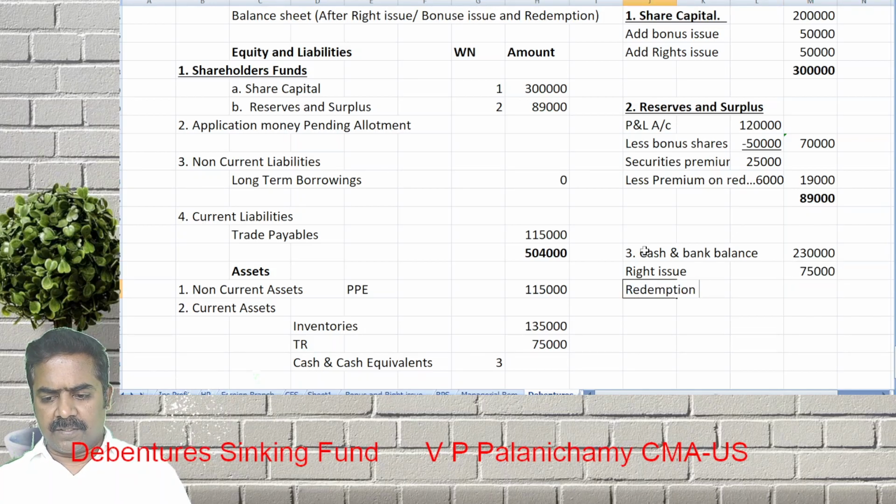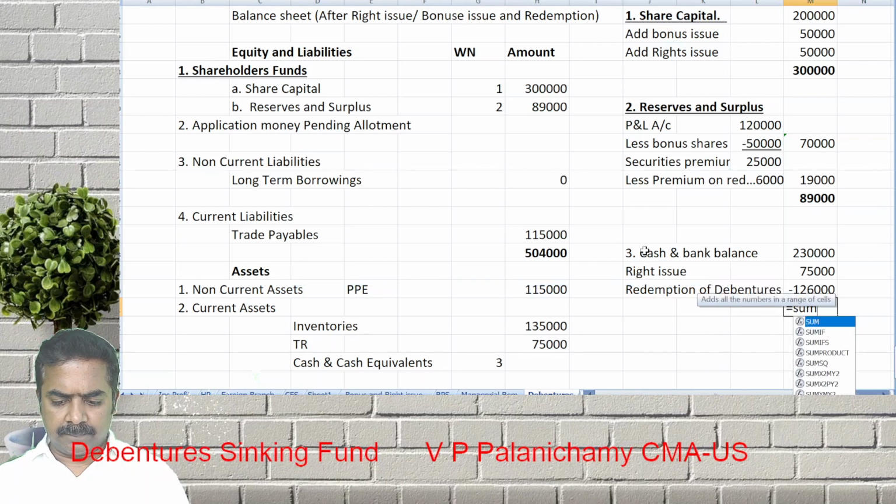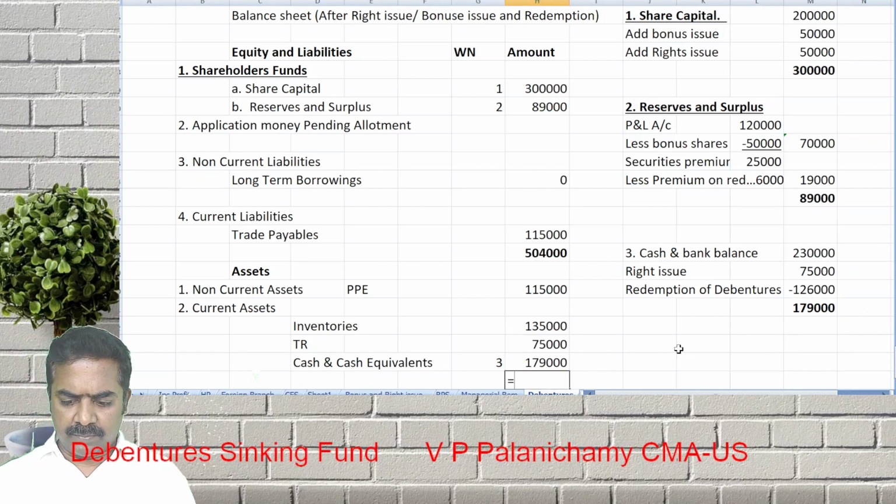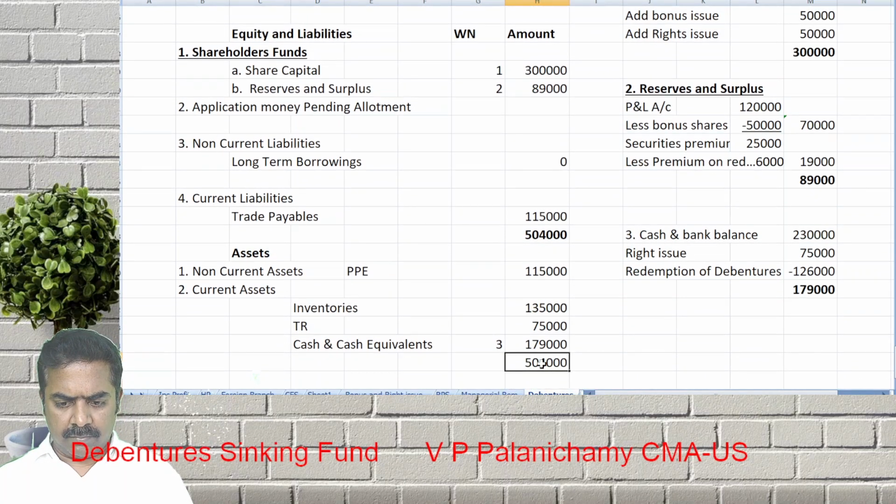Redemption of debentures: minus 1,26,000 we repaid. So the net amount will come to 1,79,000. Total of the balance sheet is 5,04,000.